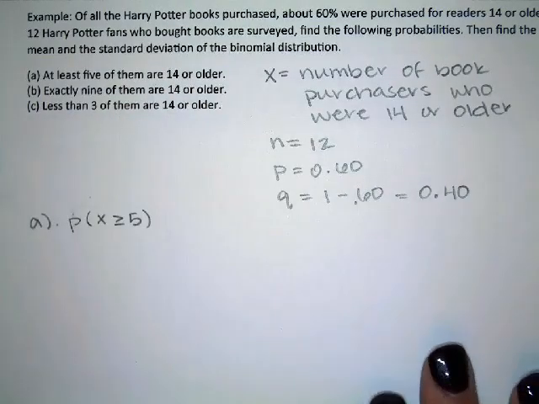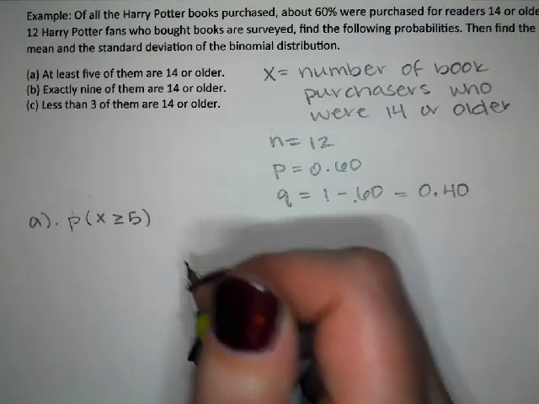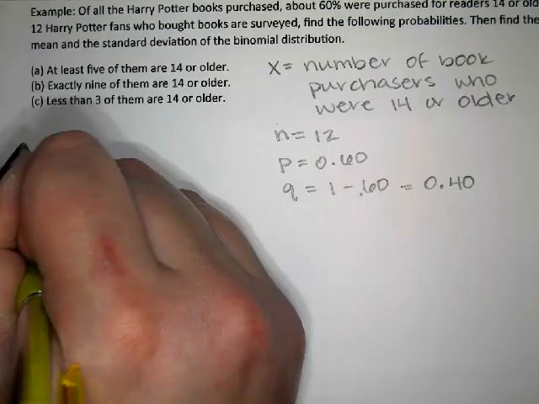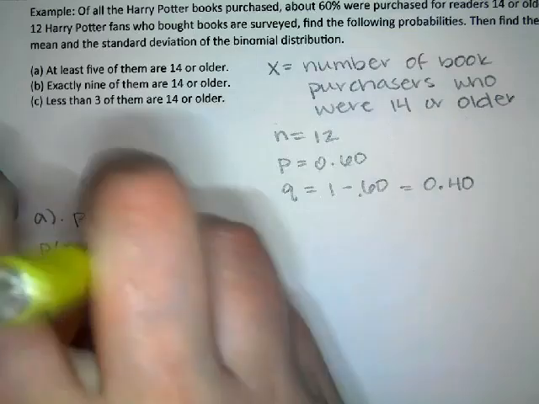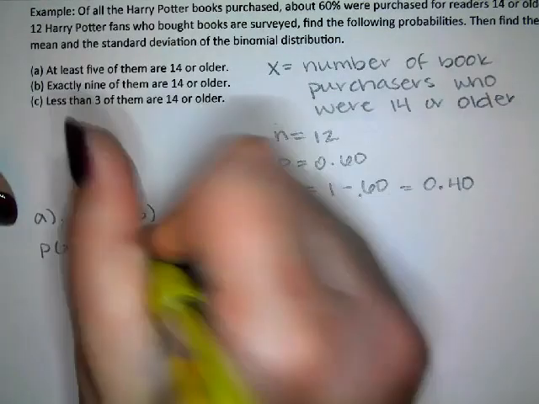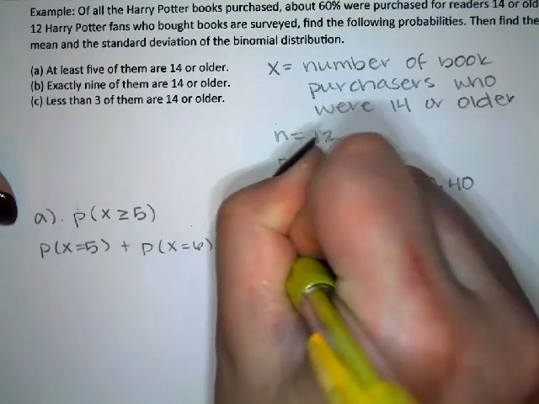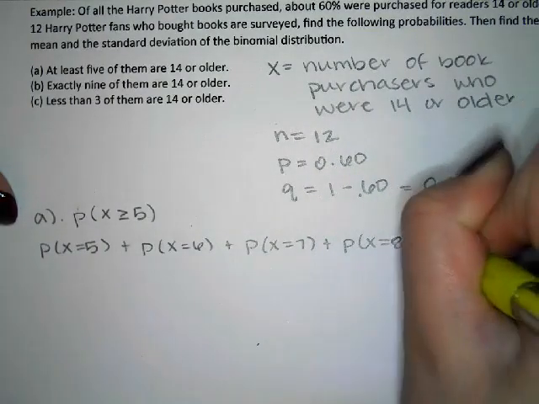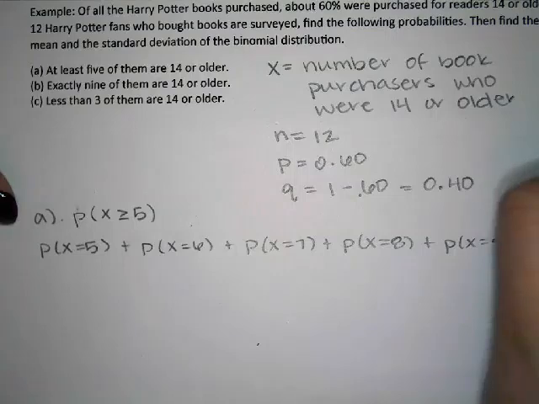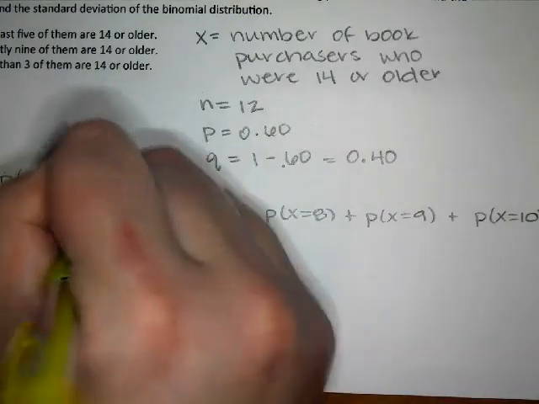So what we have to do right now is find the probability that X is 5, the probability that X is 6, the probability that X is 7, 8, 9, 10, 11, and the probability that X is 12. That's what we need to find to be able to answer this question.